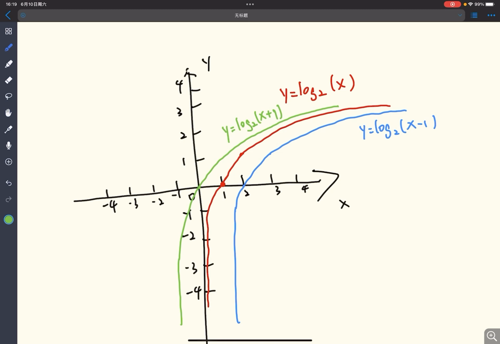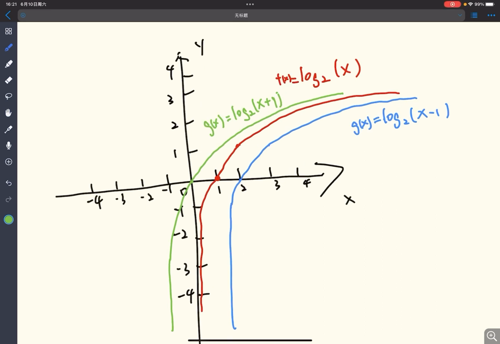Let's consider an example where we have the function f(x) equals log base 2 of x. The graph of this function is shown in red. Now let's apply a horizontal translation by replacing x with x minus 1. The resulting function is g(x) equals log base 2 of (x minus 1).